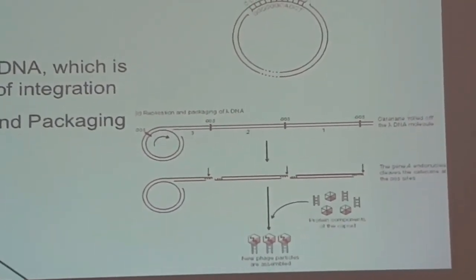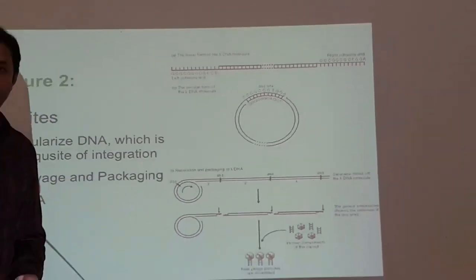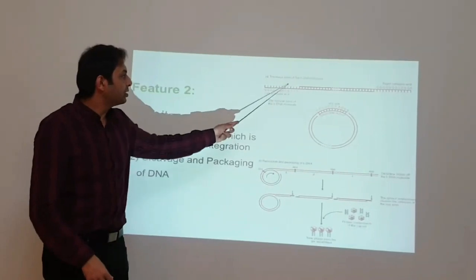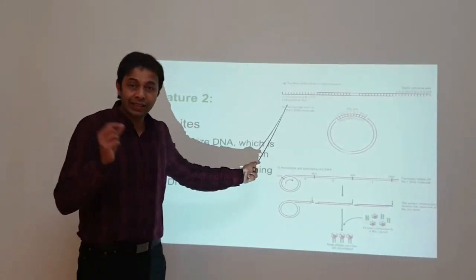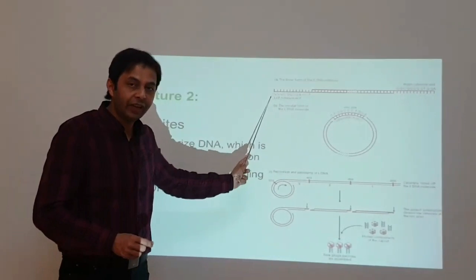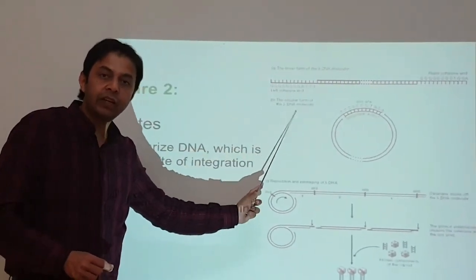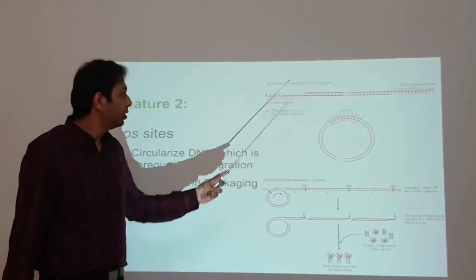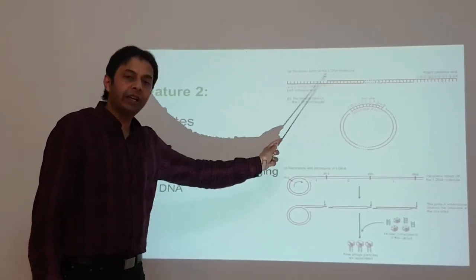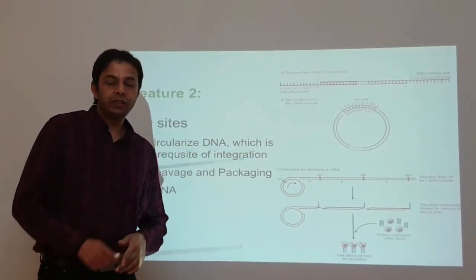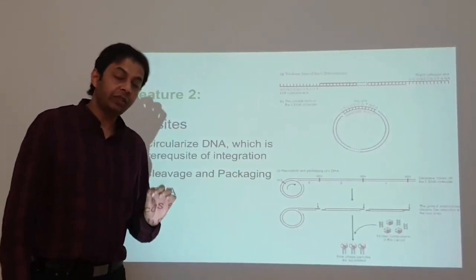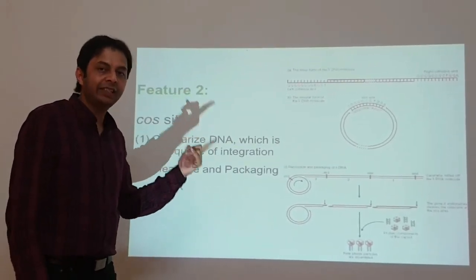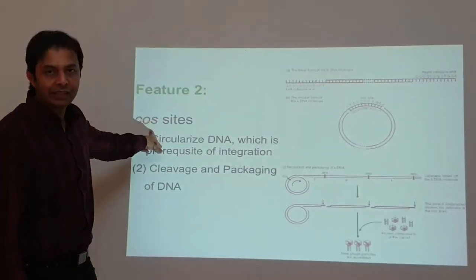They are basically the signal, the address to go into the capsid. If a cos site doesn't exist on a DNA fragment, that fragment cannot be packaged into the capsid. So these two things are very important related to the bacteriophage genome: the first was gene clustering, and the second was the importance of cos sites.